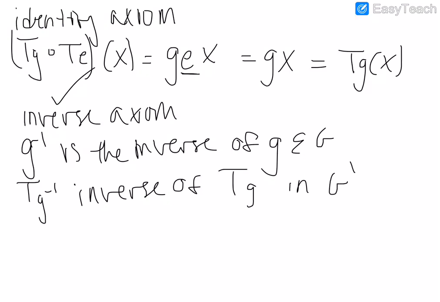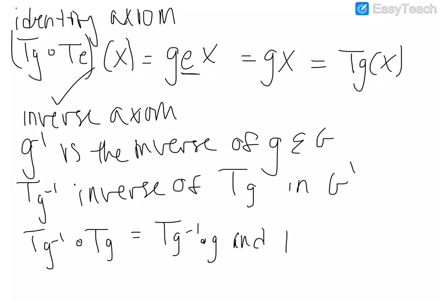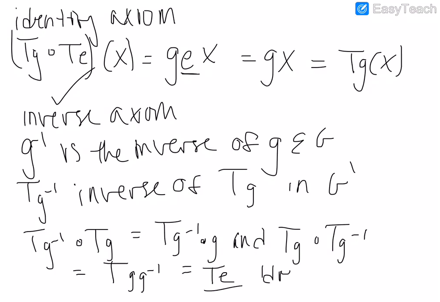Thus, T_g inverse composed with T_g is equal to T_g inverse g, and T_g composed with T_g inverse is equal to T_g g inverse, which is just equal to T_e, which is our identity axiom.